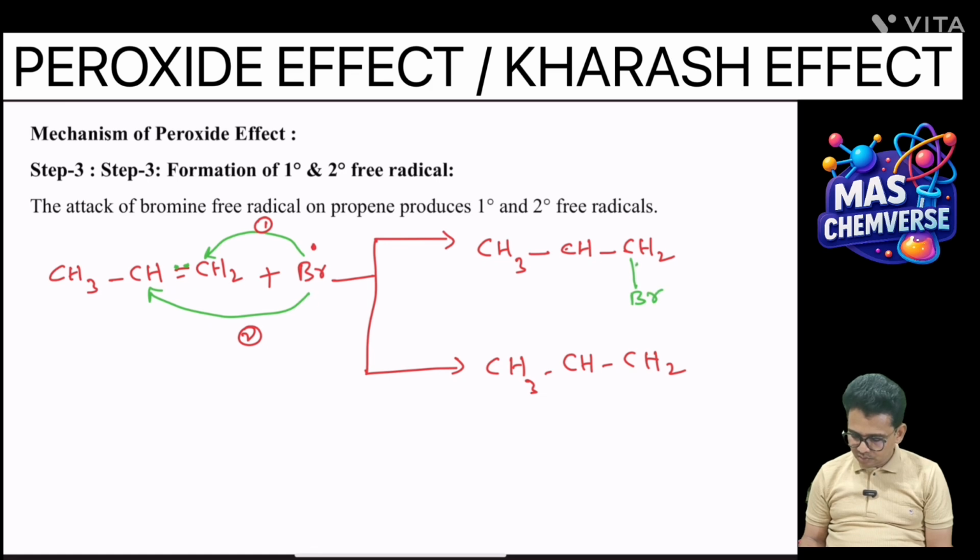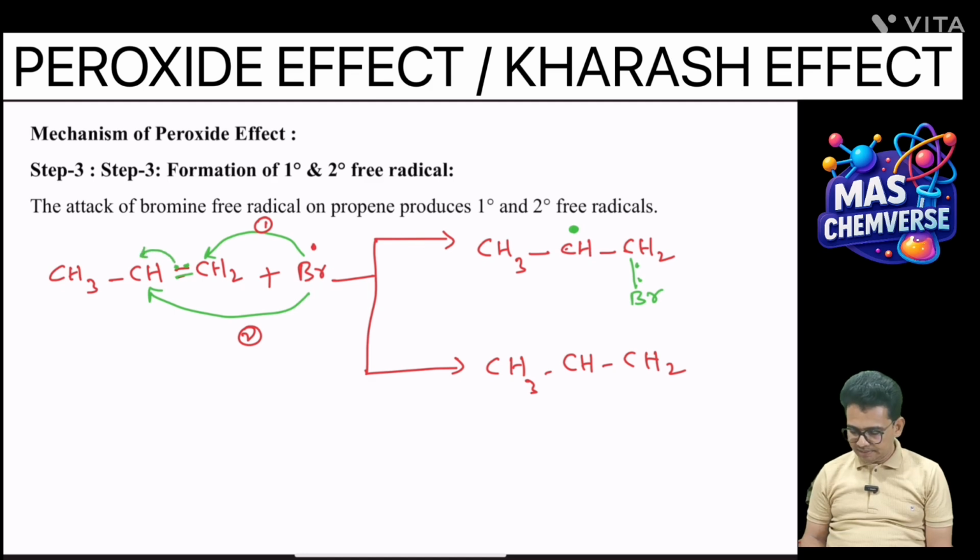Here 2 electrons it took for the formation of a single bond. 1 electron bromine will have, another electron from the double bond. That's why here only 1 electron remains. See, 1 electron is taken away with this bromine here. 1 more electron is going here on this carbon like this.